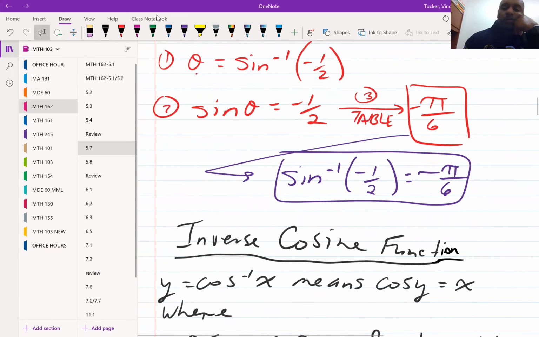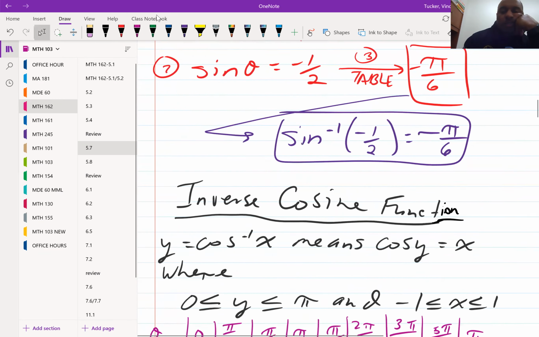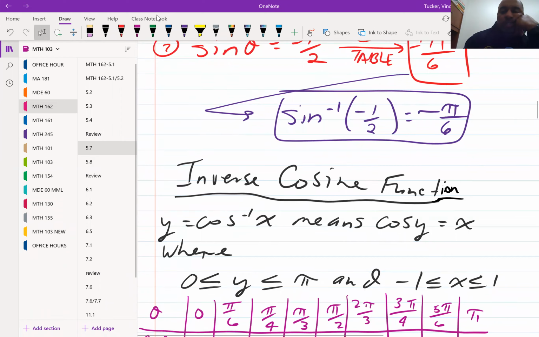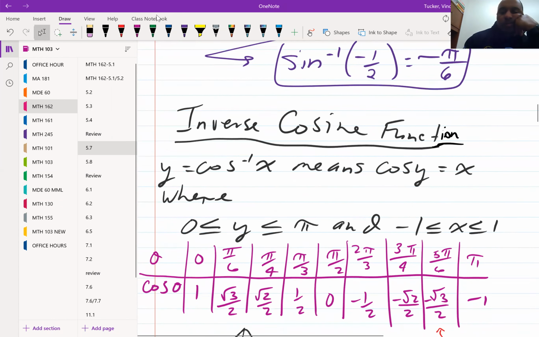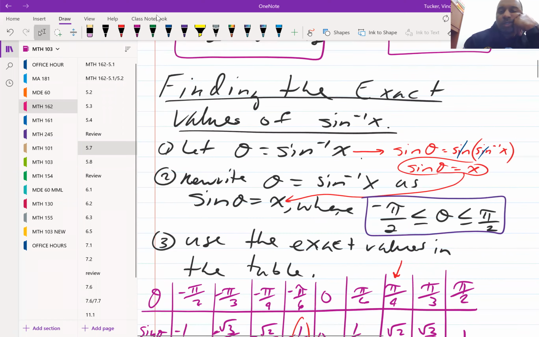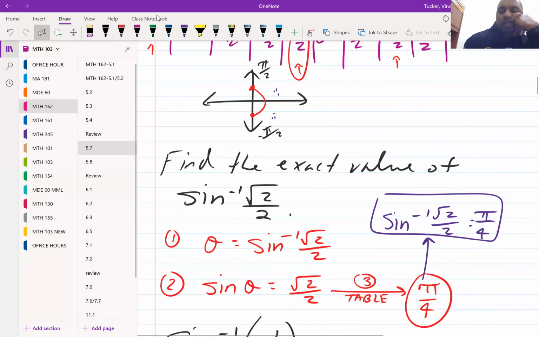All right, so very similarly, dealing with the inverse of cosine.